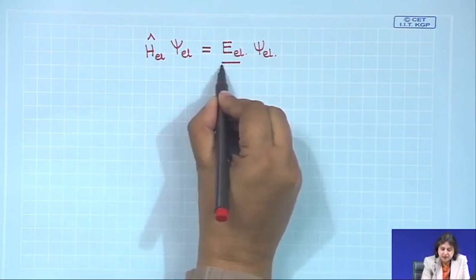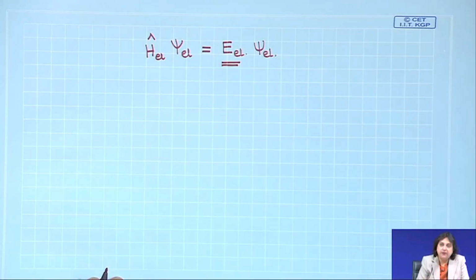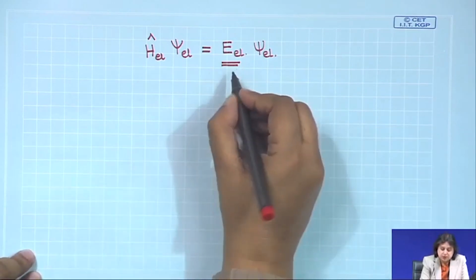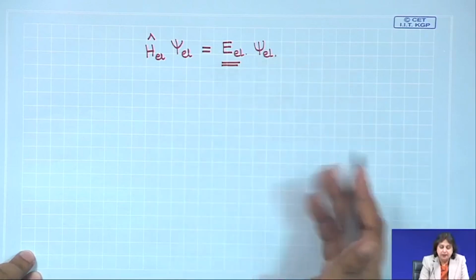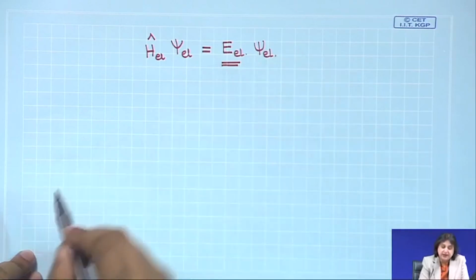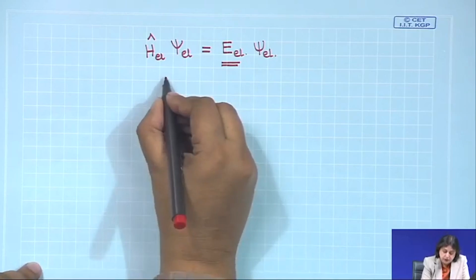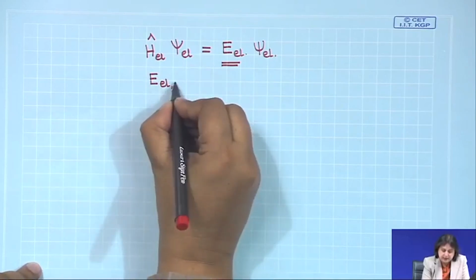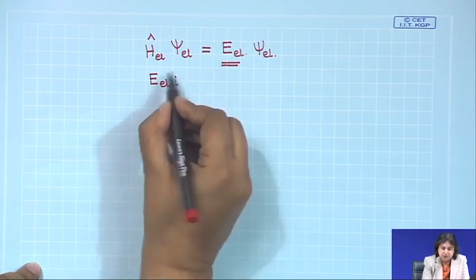So, what is E electronic? These are the energy eigenvalues offered by the solution of the electronic Schrodinger equation. There may be many different discrete values of this energy, and therefore, we are going to represent them as E_el,i or j or k.